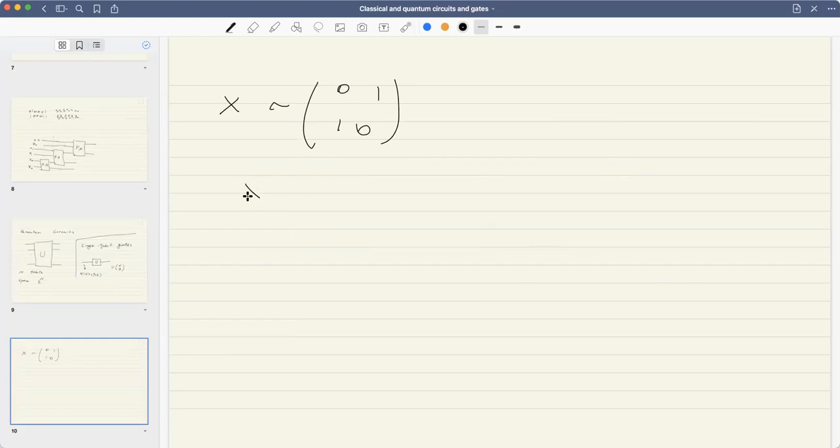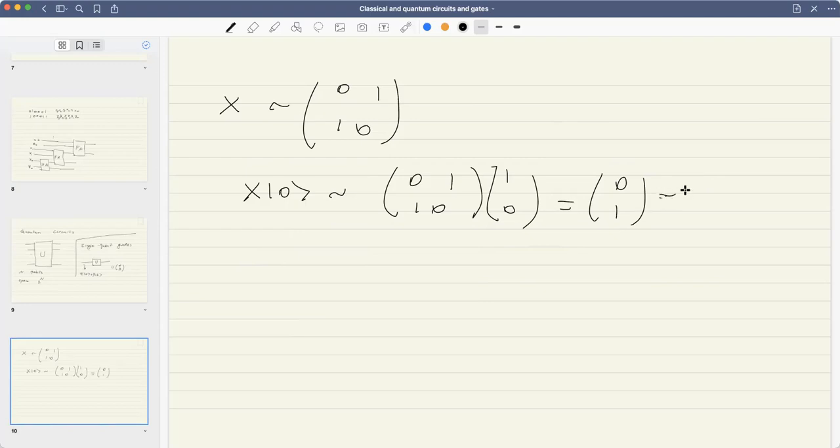X times 0 is going to be the matrix 0 1, 1 0 times the first basis state, whose representation is 1 and 0. So this gives me 0 times 1 plus 1 times 0, which is 0, and 1 times 1 plus 0 times 0, which is 1. So this is the same as 1, right?